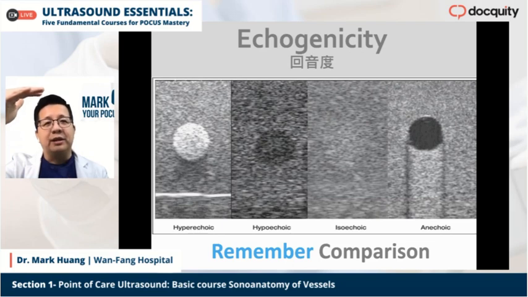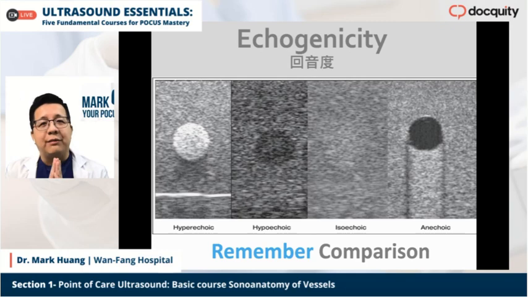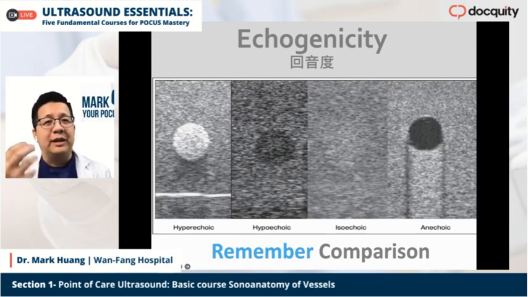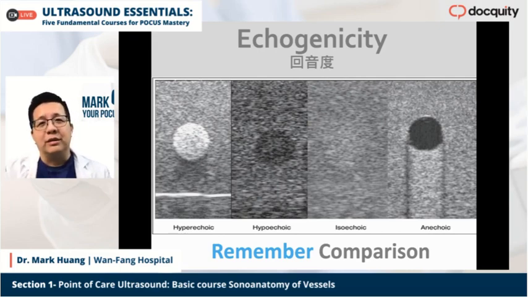Another thing I need to mention is that echogenicity is not only very dark and very bright, I mean anechoic and hyperechoic. Sometimes when you describe lesions, you can use comparison. For example, in this photo I can describe this lesion in the liver this way: I see a round hyperechoic lesion, about maybe 2 centimeters, in the liver parenchyma.